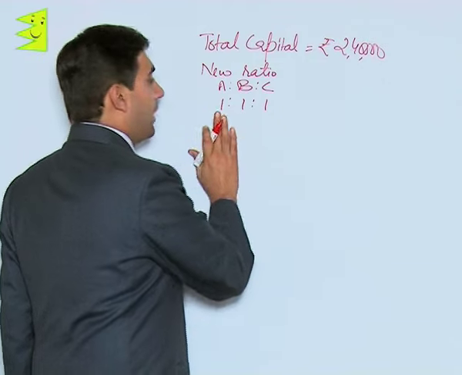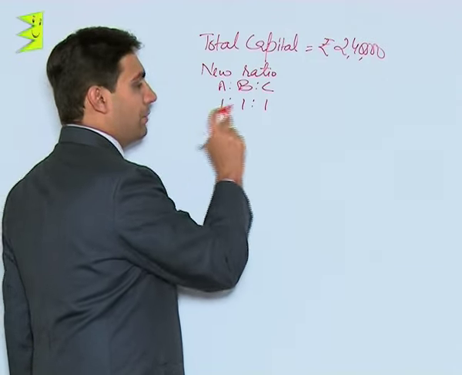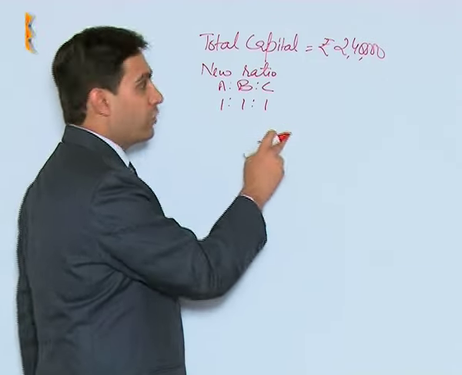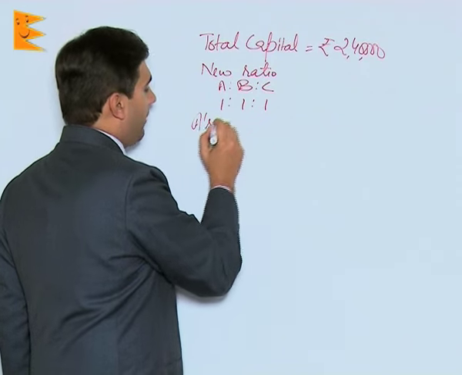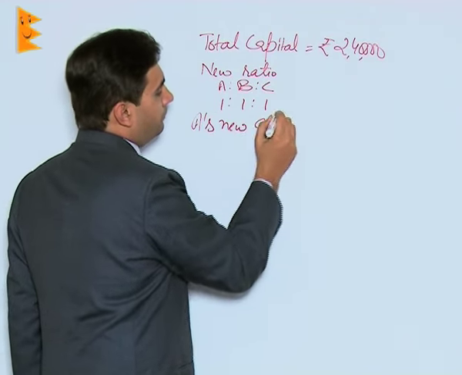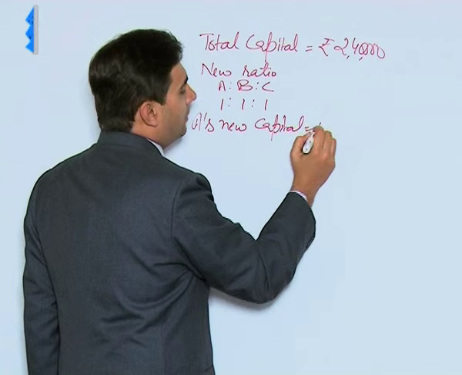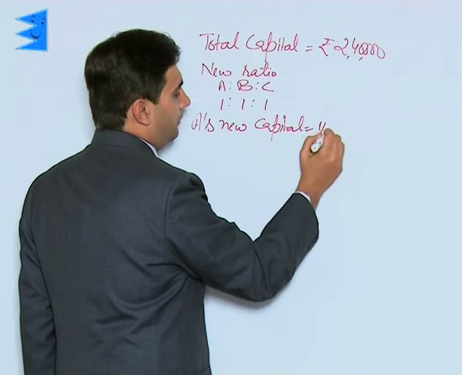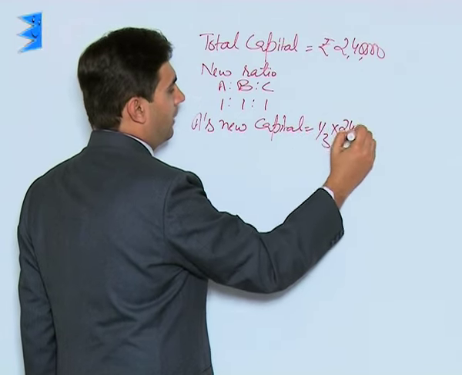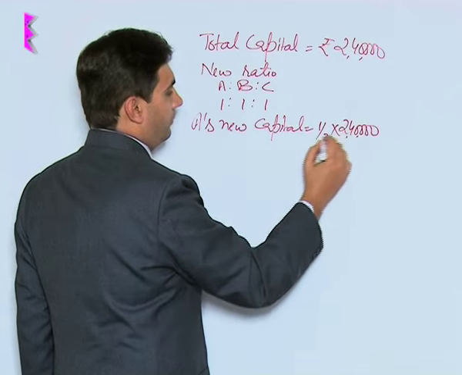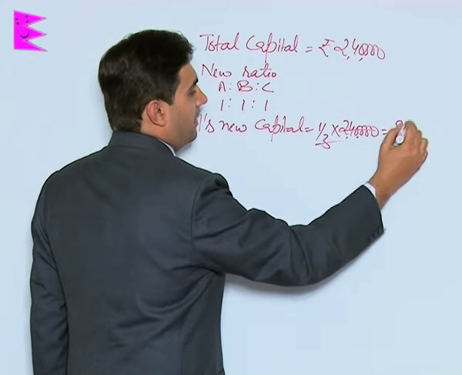So now A's new share is 1/3 according to this new ratio. So A's new capital should be 1/3 of total capital. That is 1/3 of 2 lakh 40,000. That makes it 80,000.